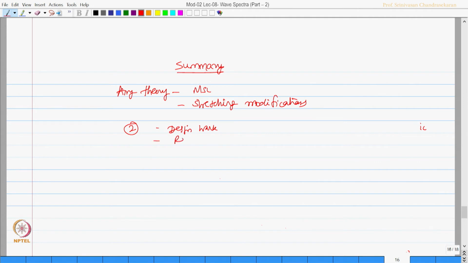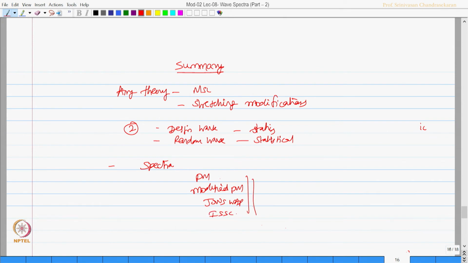One can also do a random wave analysis. One is statics, no dynamics, the other is statistical analysis using wave scatter diagram. One can also find the forces using various spectra available in the literature. We have seen Pierson-Moskowitz spectrum, modified Pierson-Moskowitz spectrum, Jonswap spectrum and ISSC spectrum.